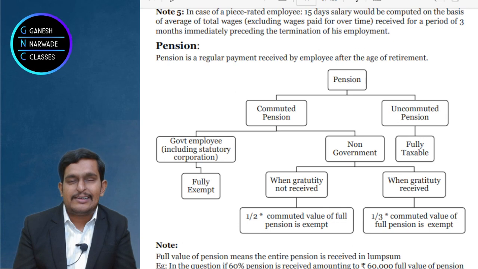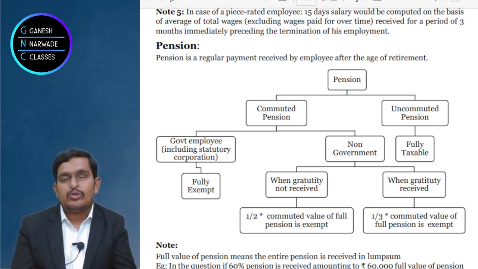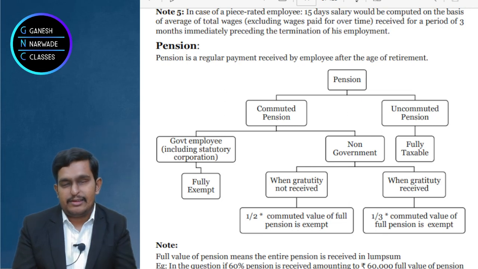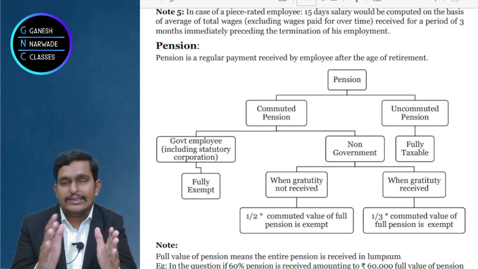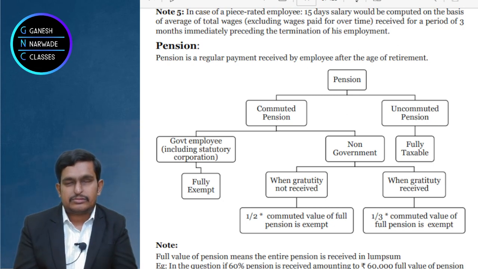So what is the right treatment? Suppose you received 1 lakh and 25% is commuted. That means this 1 lakh represents 25%. When I say full value of commuted pension, I am asking: if 100% of the pension is commuted, how much would you have received?